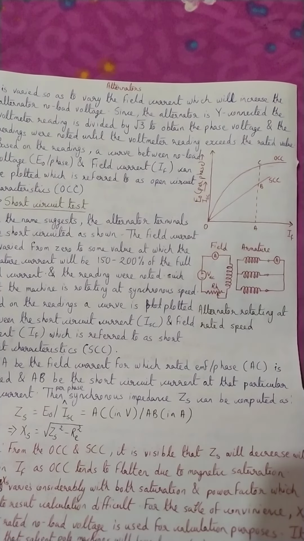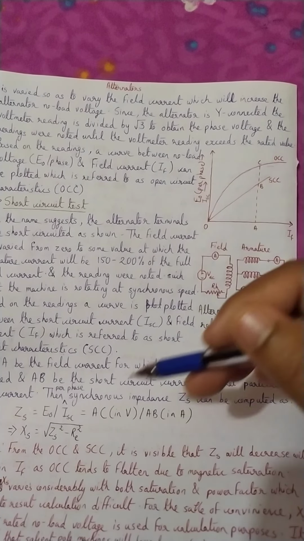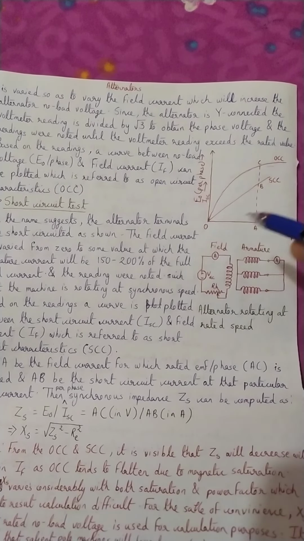Now once we are getting this sort of graph, from that we can find out ZS. How? Let us suppose OA is the field current for which we are getting the rated voltage in the OCC. So if AC is the rated phase voltage of the machine, corresponding to OA, we would be measuring AB from the short circuit characteristic.